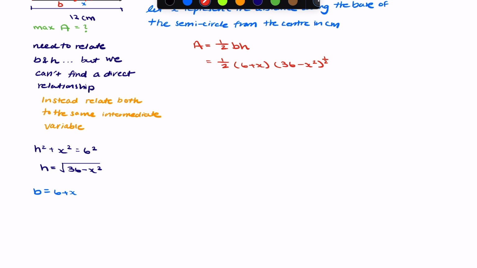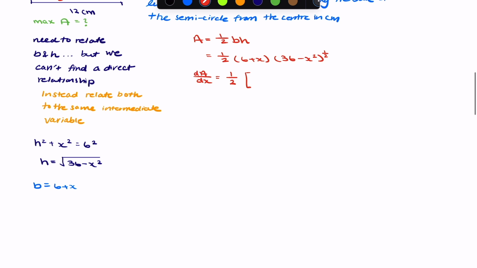And so here we're going to find the derivative, dA over dx. So here we get 1/2, factor out the first term, the 6 plus x, which will just give us 1. Then we'll keep (36 minus x squared) to the power of 1/2, plus, we keep the 6 plus x, and then we derive (36 minus x squared) to the power of 1/2.